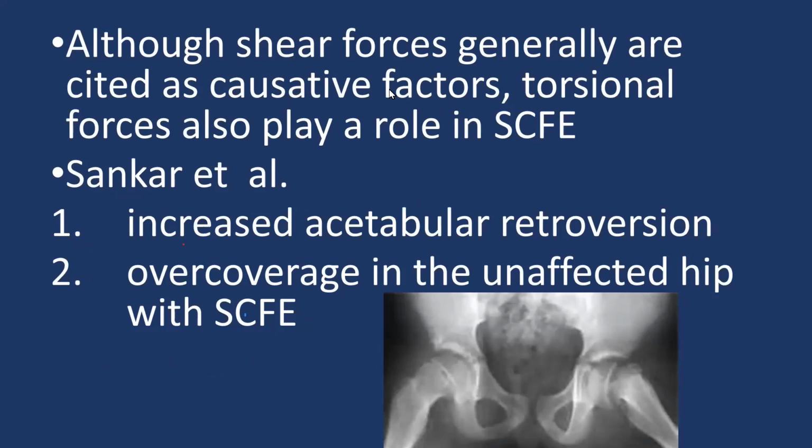Although shear forces generally are cited as causative factors, torsional forces also play a role in slipped capital femoral epiphysis. Sankar et al. noted that if you have an increased acetabular retroversion and, let's say, a protrusio acetabuli or overcoverage in the unaffected hip, you should worry. Why?